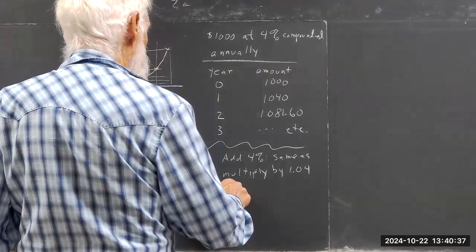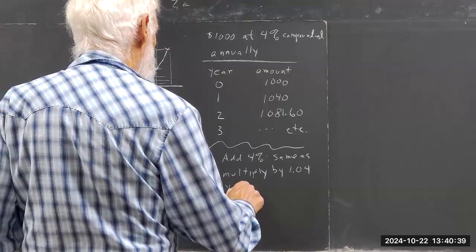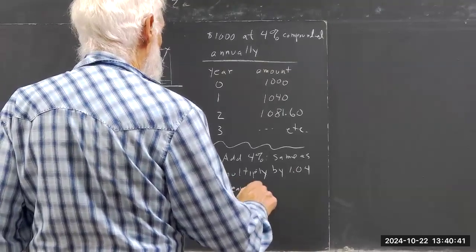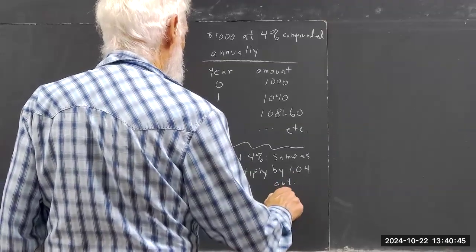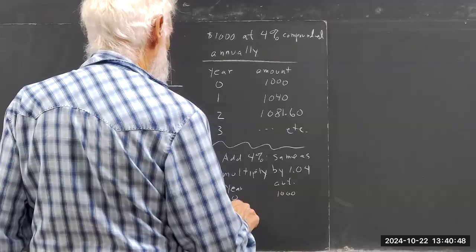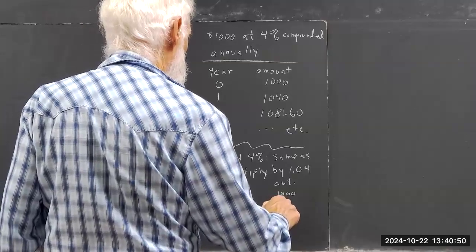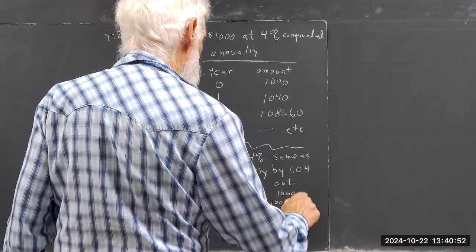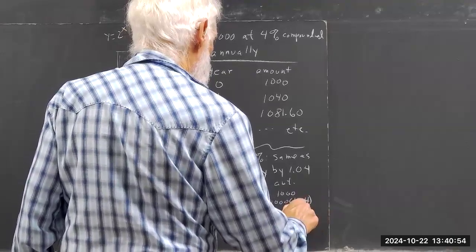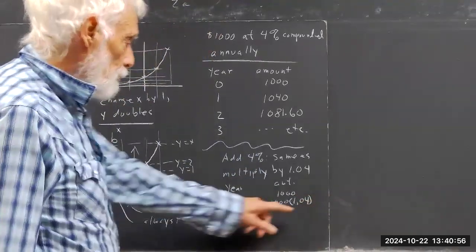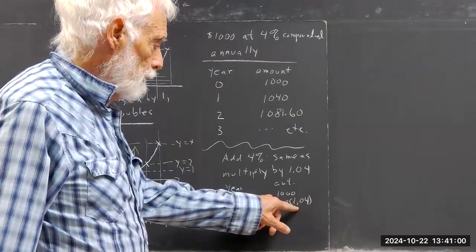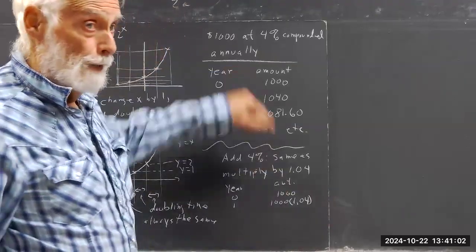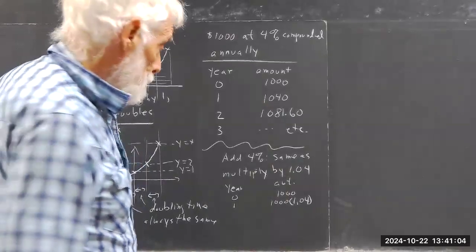So if I repeat my table, I hope you can multiply 1,000 by 1.04 in your head. You just gotta move your decimal over here 3 places, and it's going to give you 1,040. Okay?